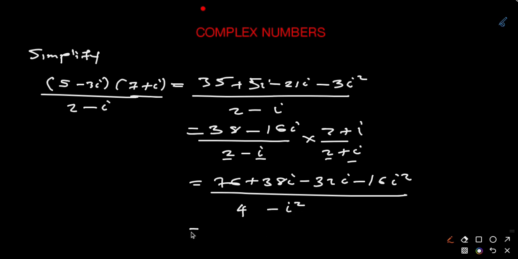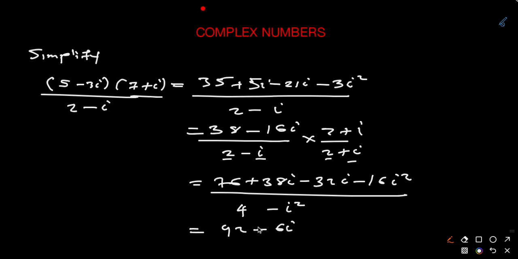So let's deal with this one here. I squared is negative 1, then negative 16 multiplied by negative 1, that is positive 16. Then 16 plus 76, here we're going to get 92. Then 38i minus 32i, here we're going to get 6i.